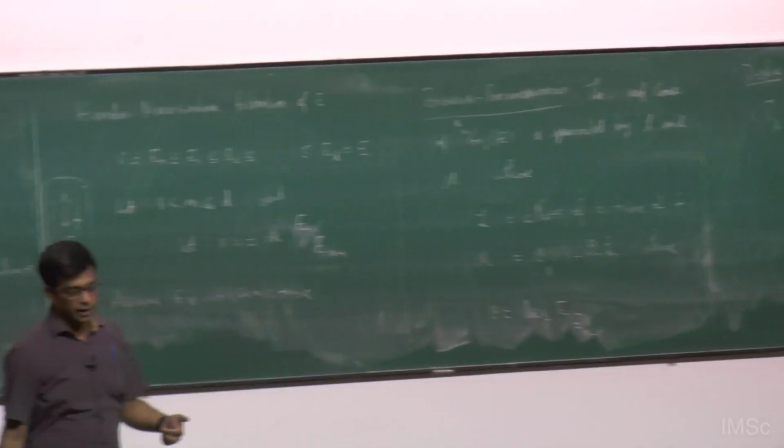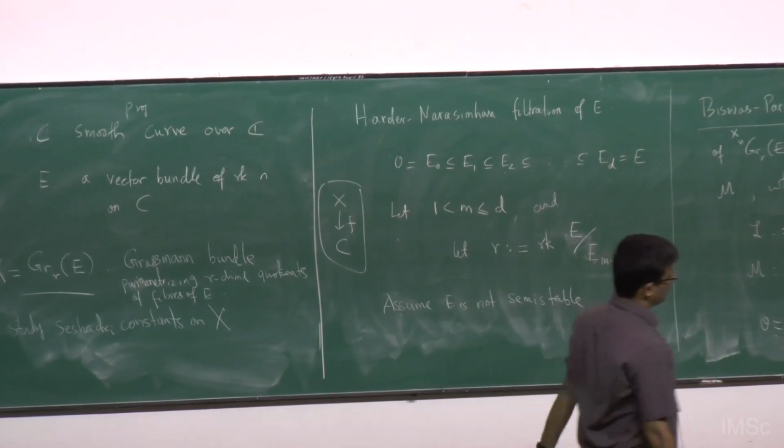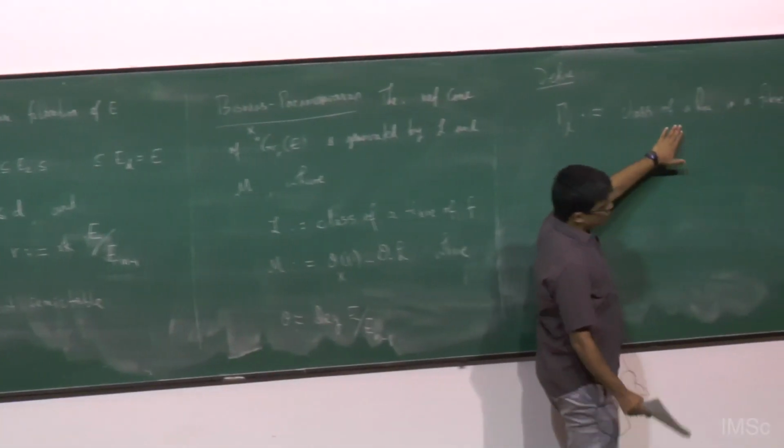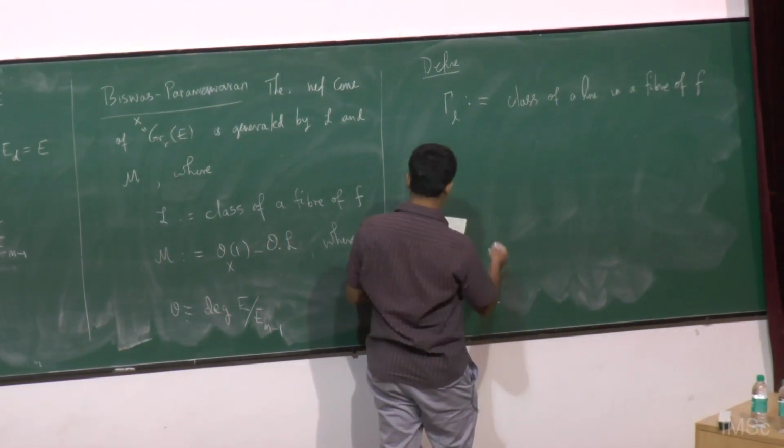That's just a generator of its Picard group, or of the Nef cone of curves. So we take a line, and that's a curve in the variety X.